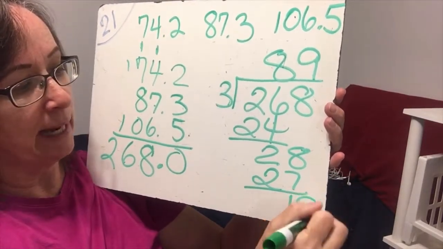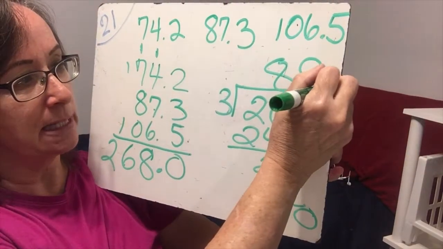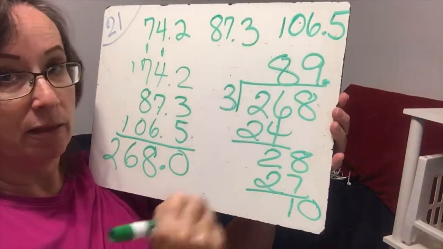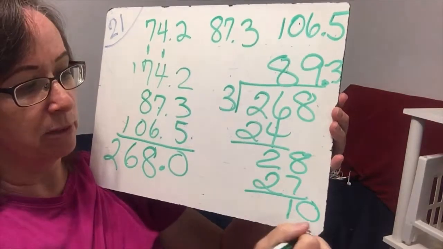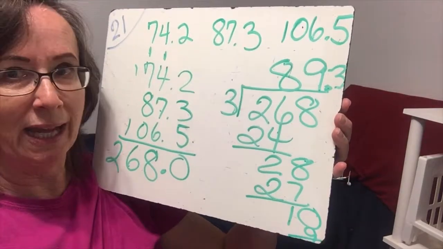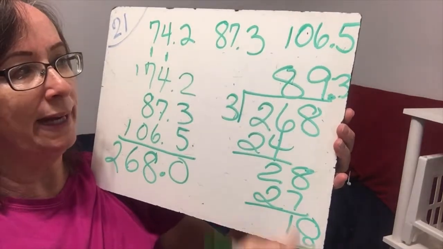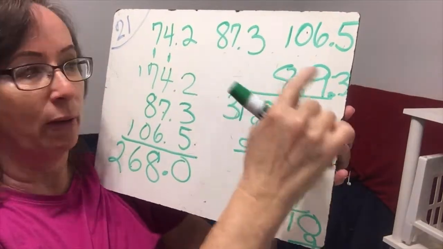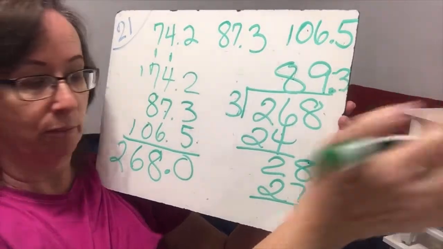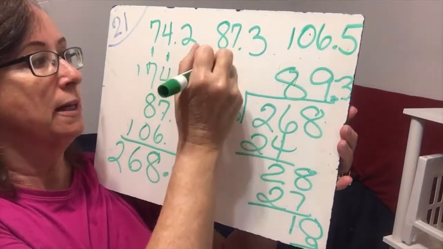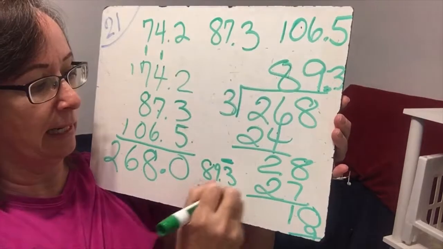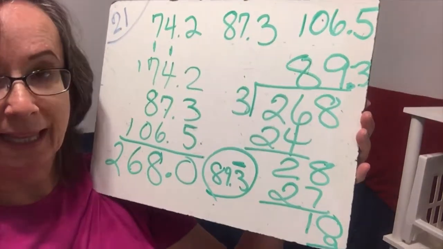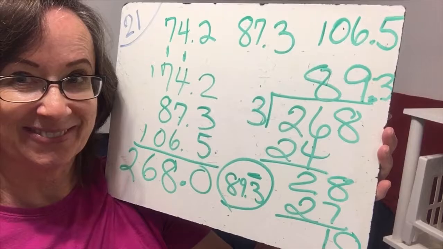And when we bring down the 0, and we put a decimal there, we're going to have 3 goes into 10 3 times, and 3 times 3 is 9. I've got a 1 again, so I'm going to wind up having 89.33333. This is a repeating decimal. So 89.3 repeating would be the average.